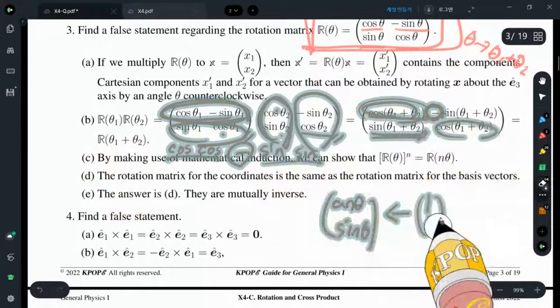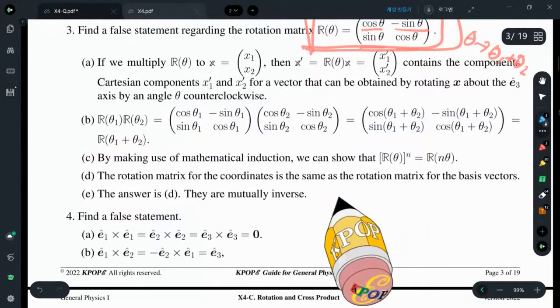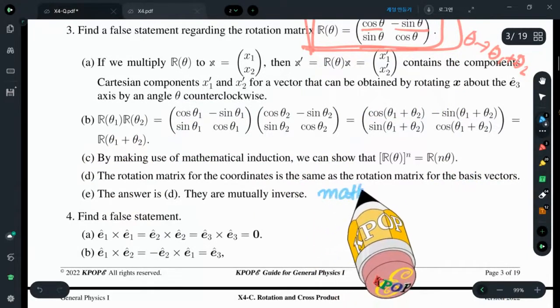If I do this job n times, you can make use of mathematical induction.